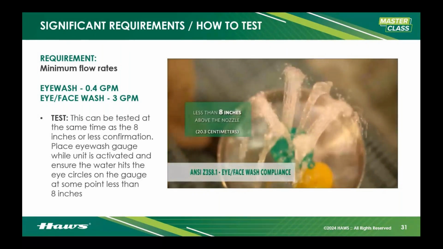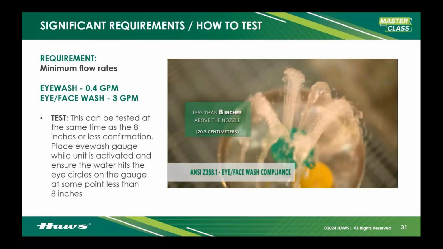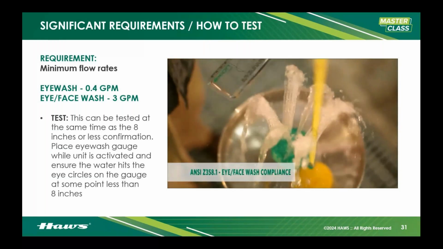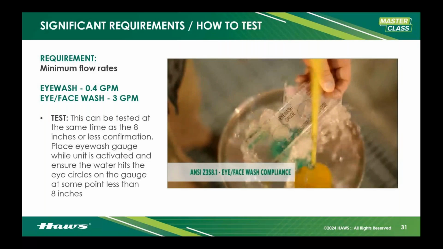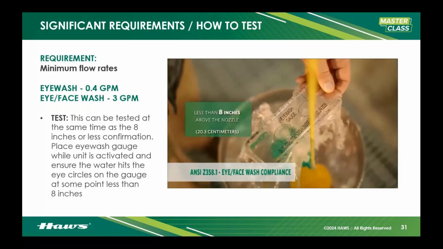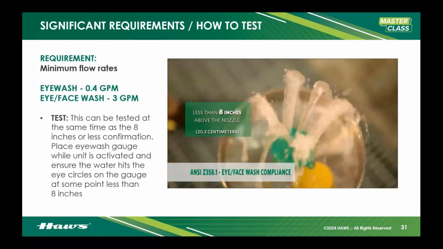We're getting enough water out of there. This doesn't provide uneven flow rate that is going to miss one eye or make you choose again which eye is your favorite. This is hitting you directly in the face and in both eyes.